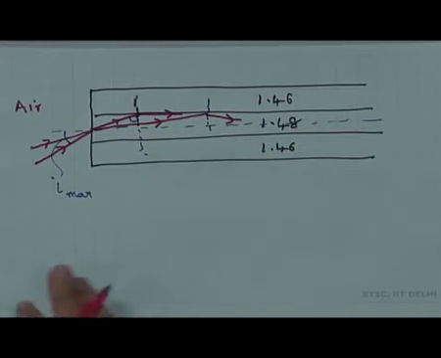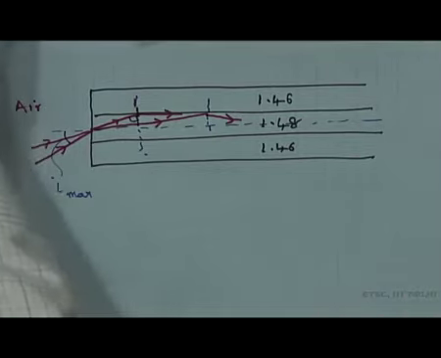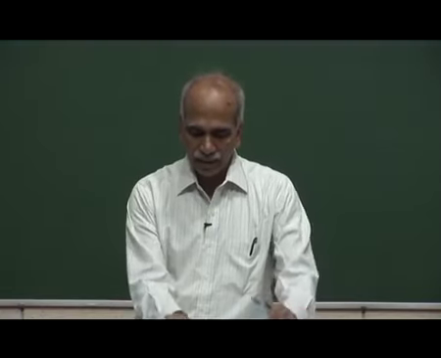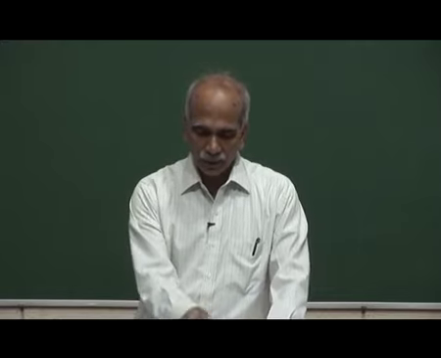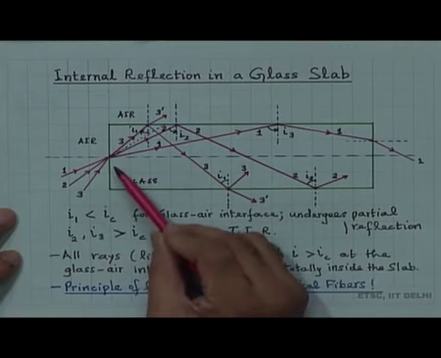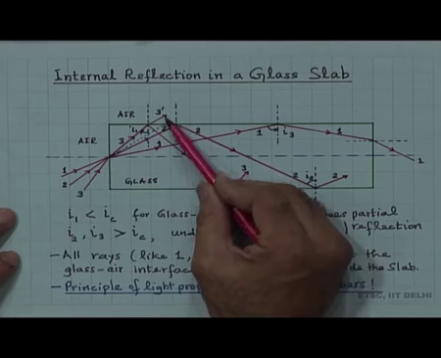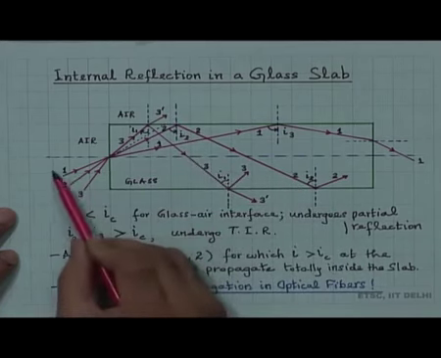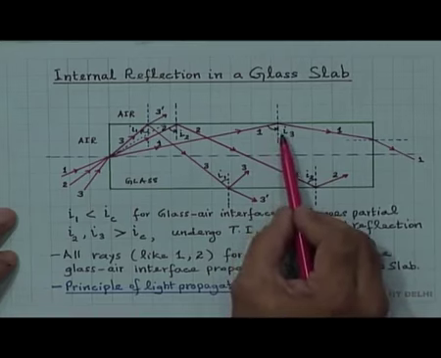This is just like the diagram which I had shown earlier when I discussed optical fibers. So, let me just place that diagram to make it more clear. So, a ray which is incident at a deeper angle would undergo partial reflection, whereas rays which are coming at shallower angles would meet the condition of total internal reflection.